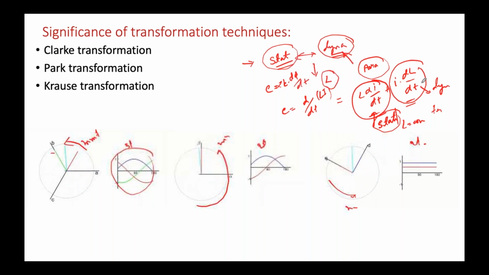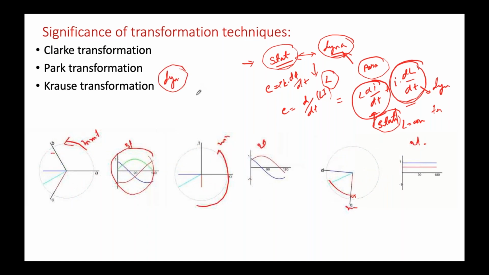Generally, in the modeling and analysis of electrical machines subject, it is completely based on this equation. By using this equation, we can understand whether it is a transformer or a rotating machine. This is called dynamic EMF. Dynamic EMFs are classified into so many parts.